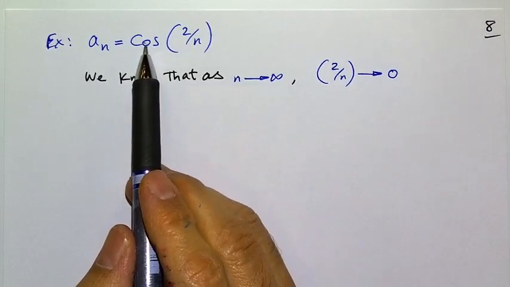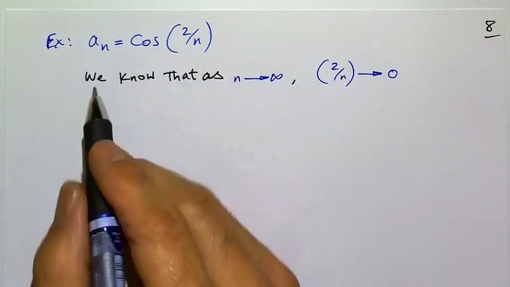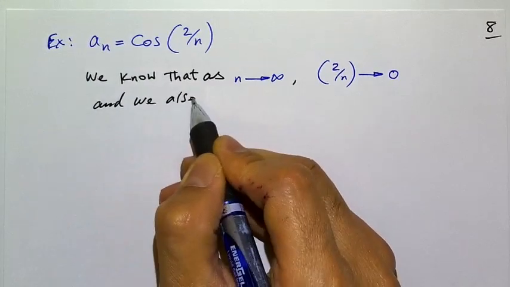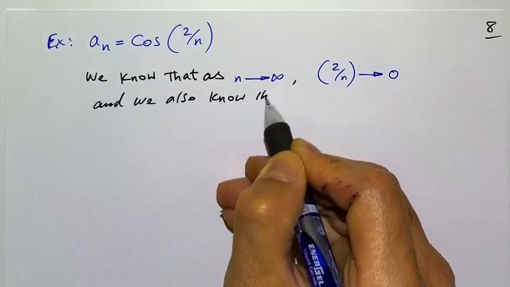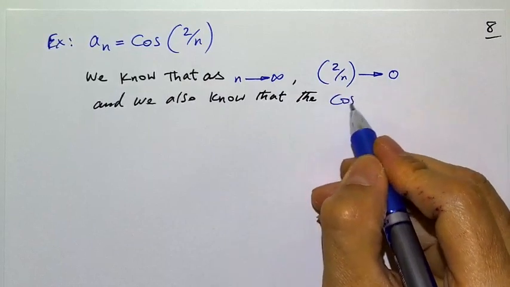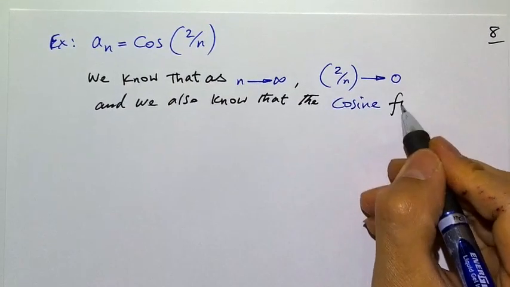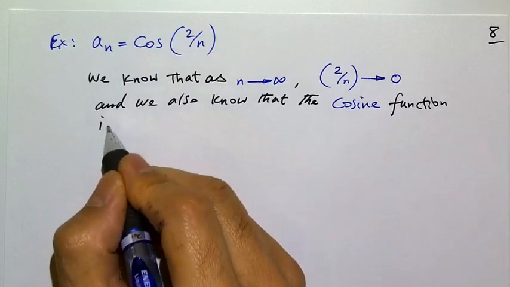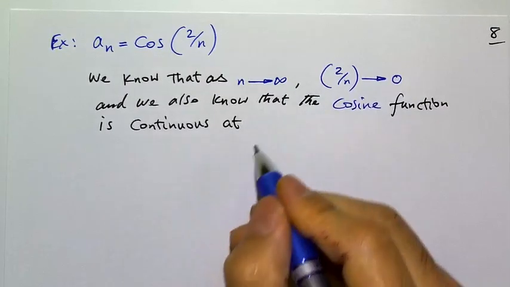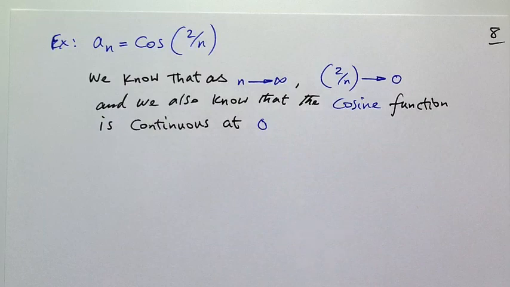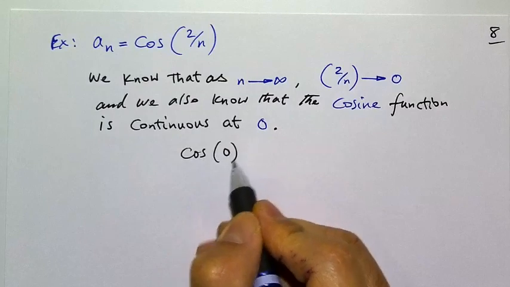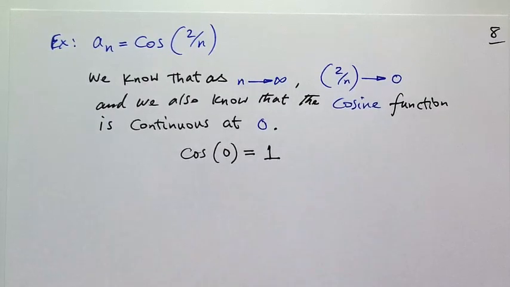And the cosine function is, of course, continuous at 0. In fact, we have cosine of 0 equals 1. Okay?